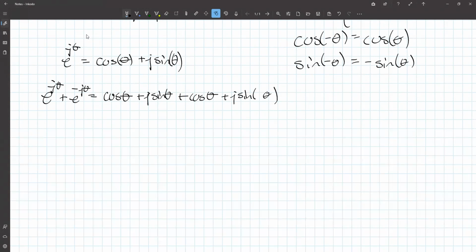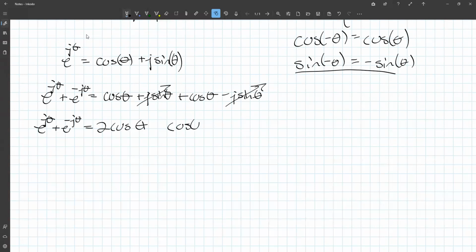So that means that this is the same thing, minus. That's from that identity, right? So now I look at that. Well, I have a plus j sine theta and a minus j sine theta. So that goes away. And I get e to the j theta plus e to the negative j theta is equal to 2 cosine of theta.